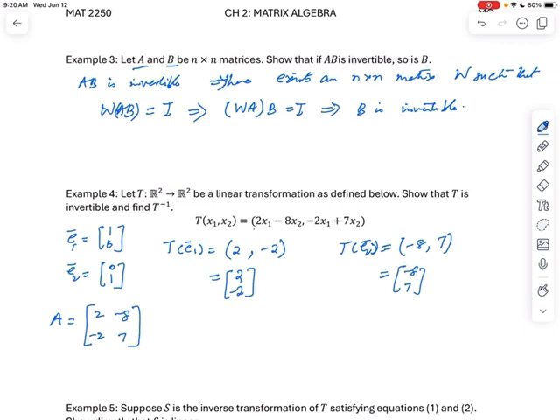You can see that the determinant of A is 14 minus 16, which is negative 2, which is not equal to 0.